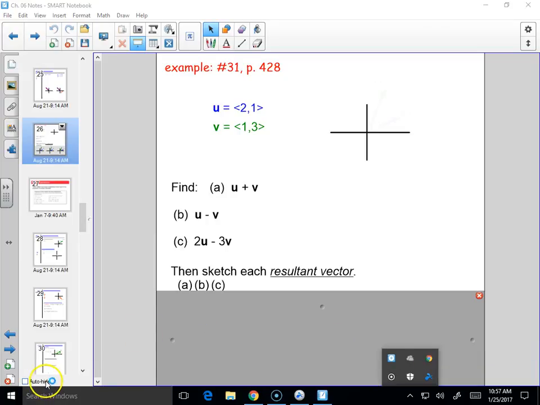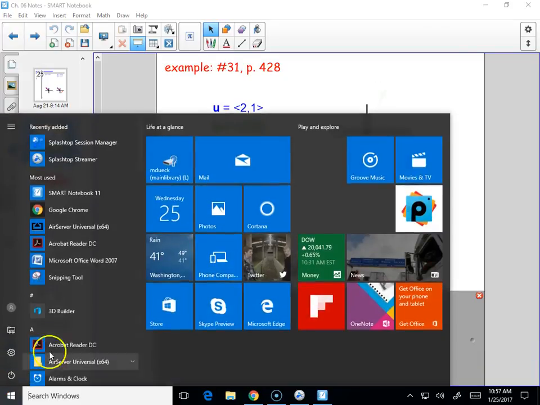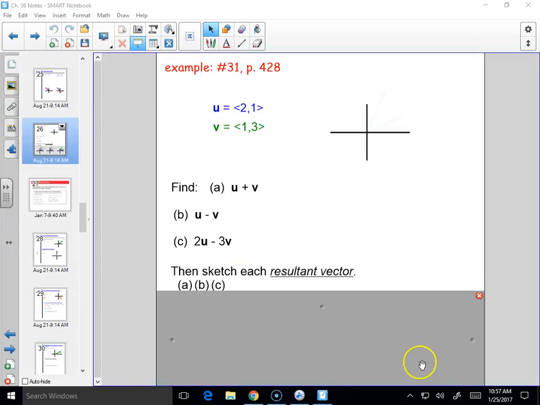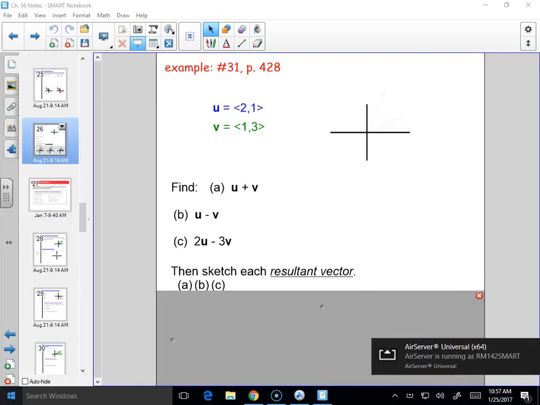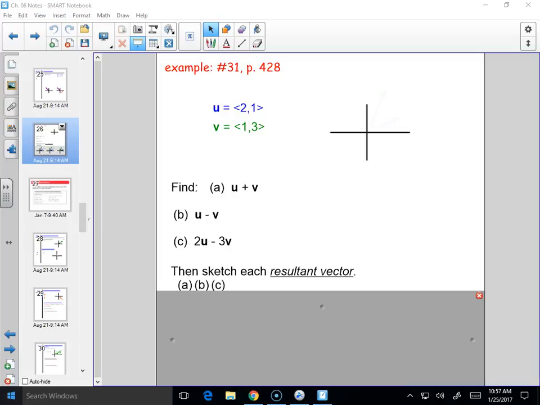Let's try again. Am I on the windowy thing? Oh, it came back on.